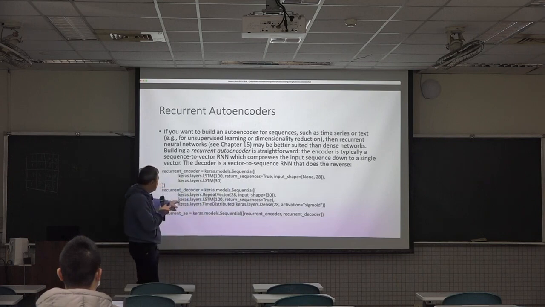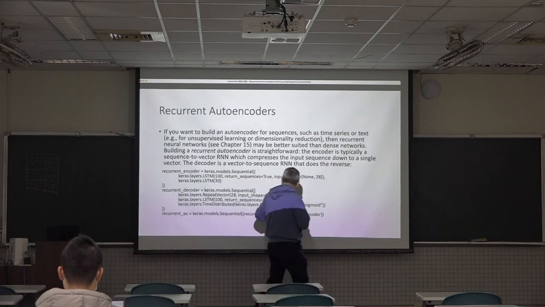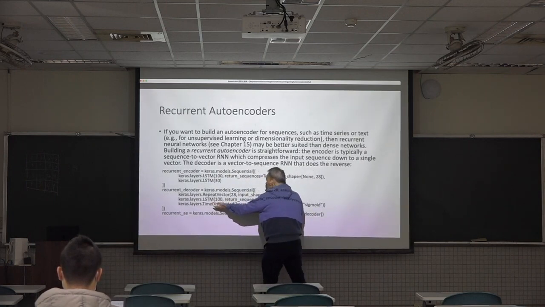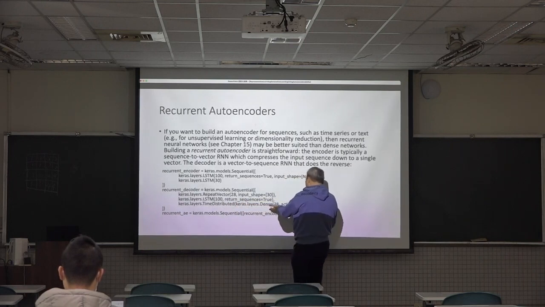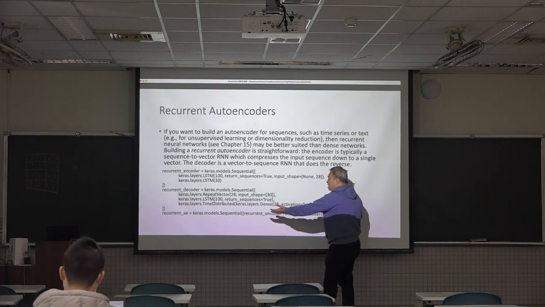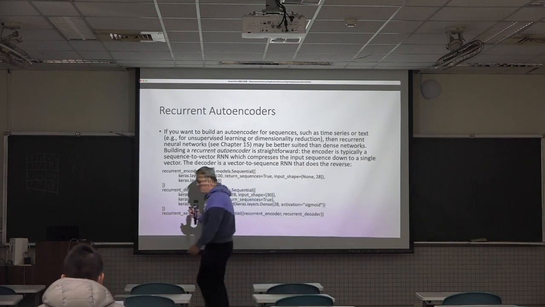Then we have a 100-neuron layer with return_sequences set to true, and then the last one, again we use TimeDistributed with Keras layers Dense(28, activation sigmoid), and that's it. So you can combine these two to form a recurrent autoencoder.